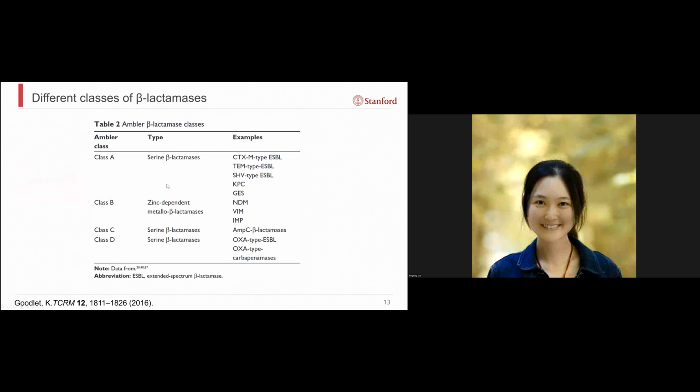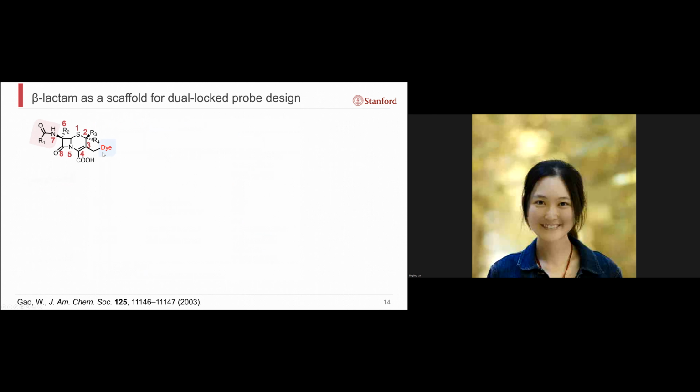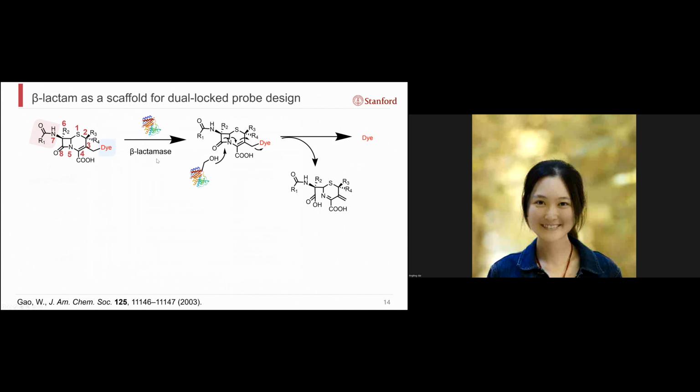So we thought to use this mechanism by using the structure of the antibiotic and attaching a dye on the 3 position of this molecule. Upon hydrolysis by the beta-lactamase, the dye will be released, and then we can see the signal.